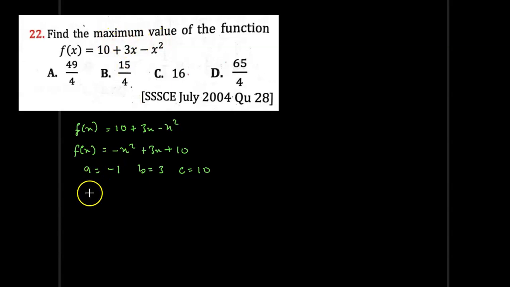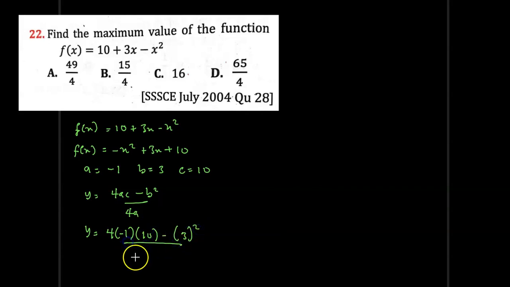So determining the maximum value, we still use the expression y equal to 4ac minus b squared all on 4a. That will give us y equal to 4 times -1 times c value 10 minus 3 all squared divided by 4 times -1.